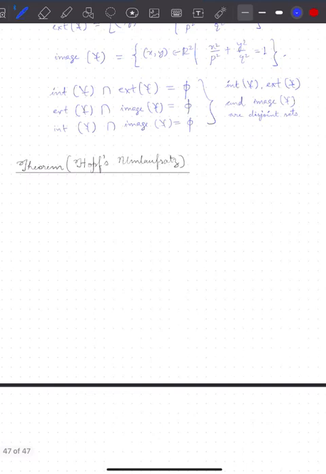So it says that the total signed curvature of a simple closed curve in R2 is plus minus 2 pi.